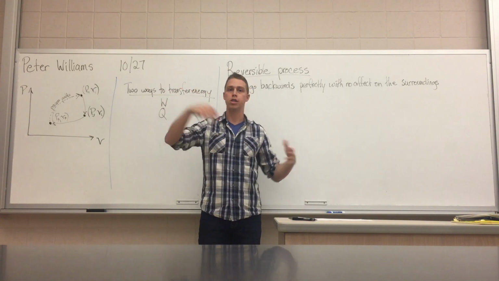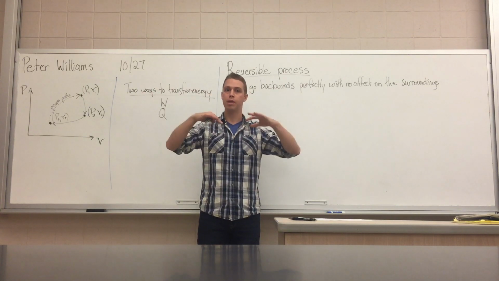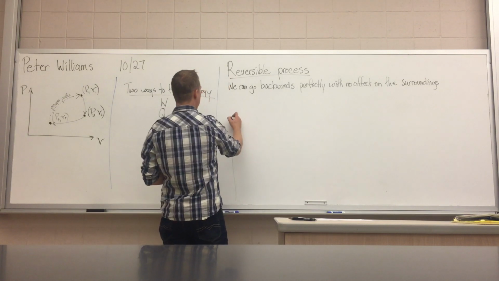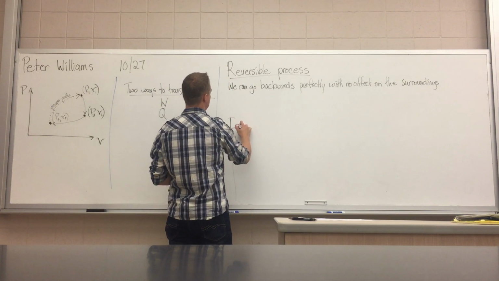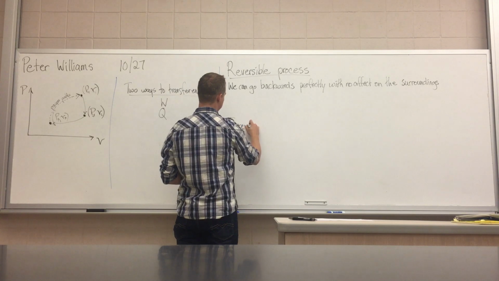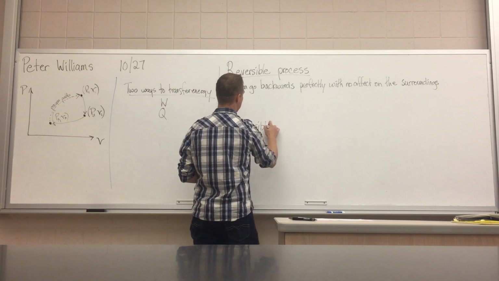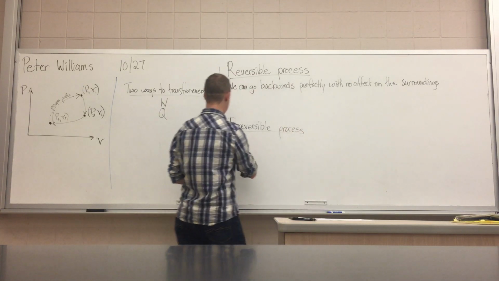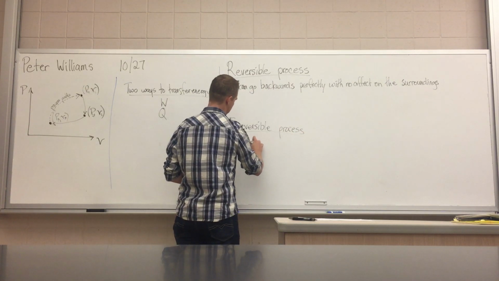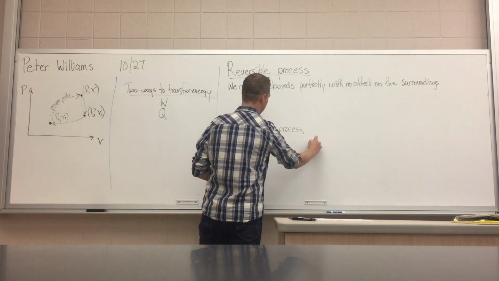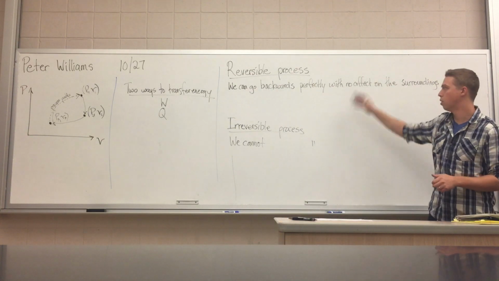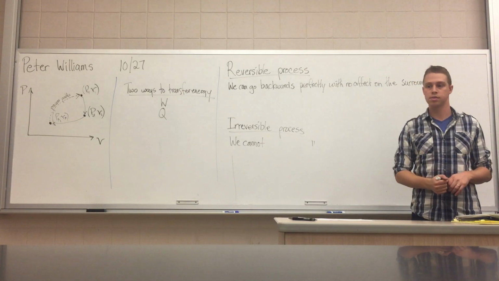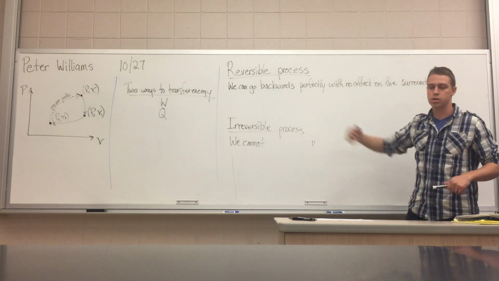There's no energy or heat or anything coming in from the outside, then it's reversible. We also have the idea of an irreversible process. And as you can expect, this is going to be defined as the opposite. So we cannot do all that, right? We cannot go backwards perfectly with no effect on the surroundings. So reversible and irreversible processes.